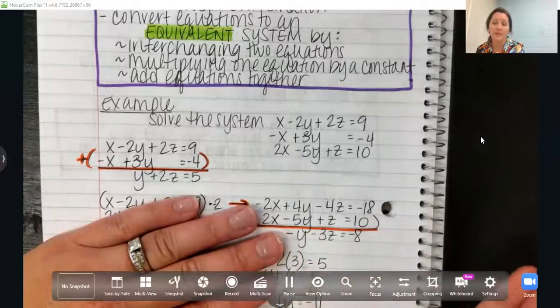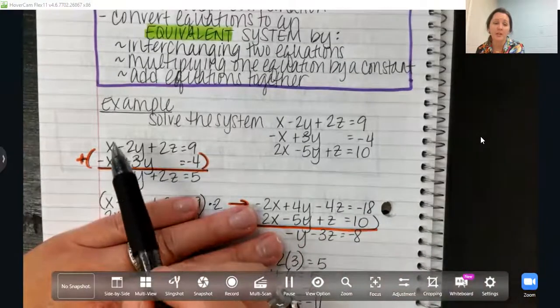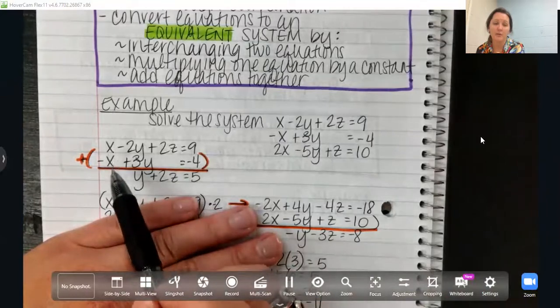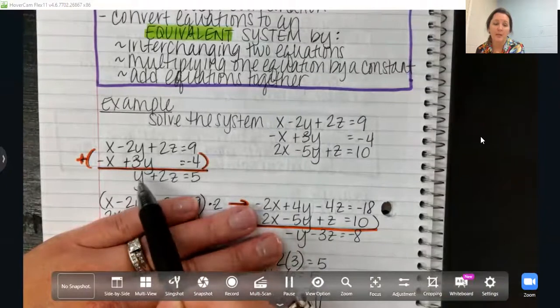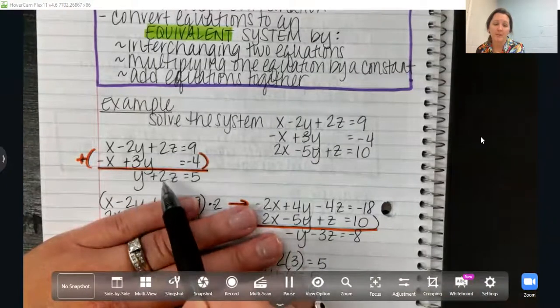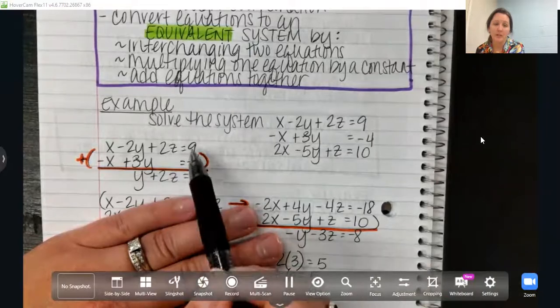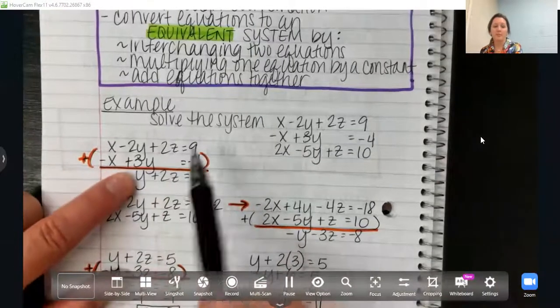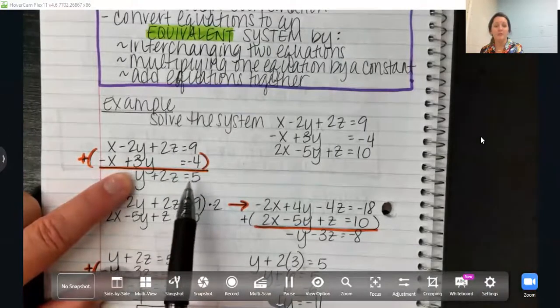That's great. They are already same value, opposite sign. So I'm going to stack them and add them together since I don't have to do any work to get rid of anything. The x's cancel here. My y values add to get 1y, and my z values add to get 2z, and my constants over here add to get 5.